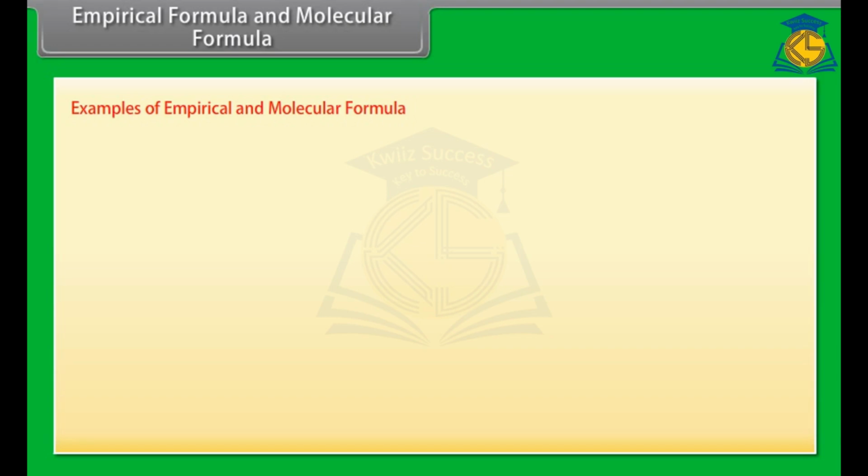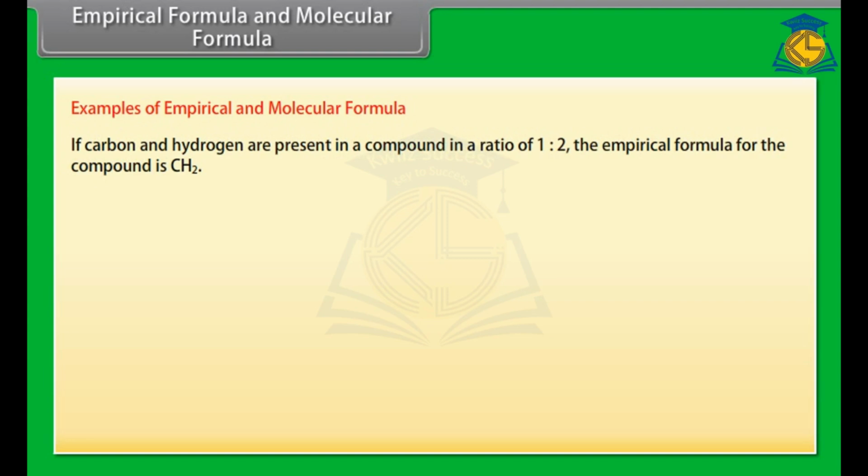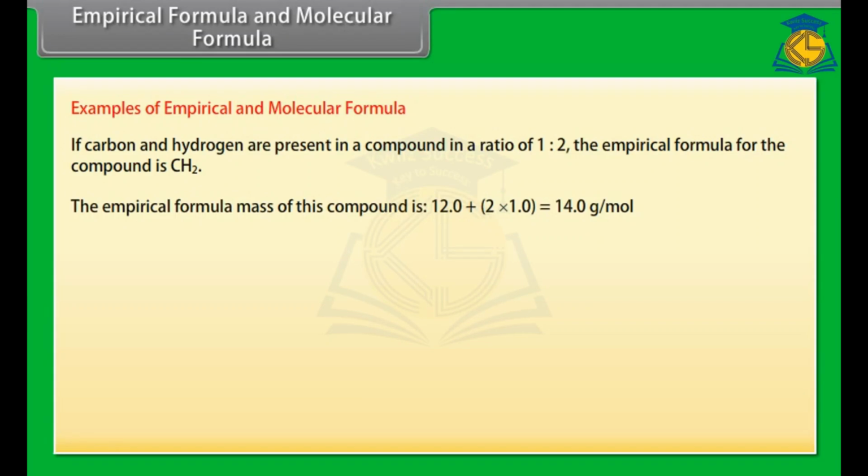Examples of empirical and molecular formula. If carbon and hydrogen are present in a compound in a ratio of 1:2, the empirical formula for the compound is CH2. The empirical formula mass of this compound is 12.0 plus 2 × 1.0, which is equal to 14.0 g per mole.